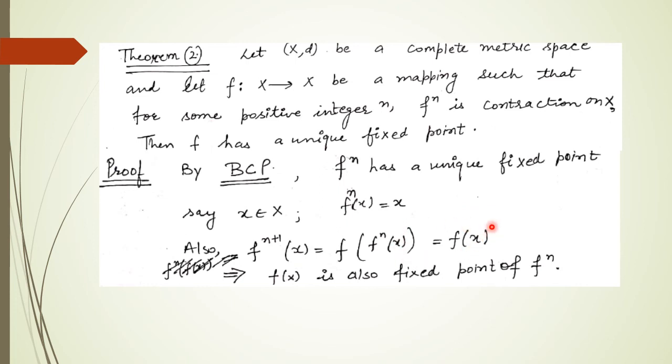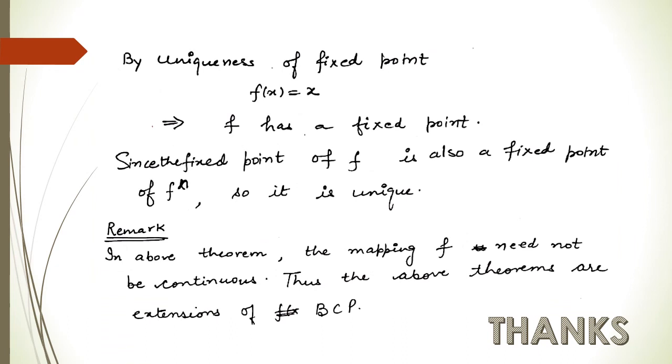So this implies F(x) is also a fixed point of Fⁿ. But by uniqueness of the fixed point, it should be equal to x. So this implies F has a fixed point.